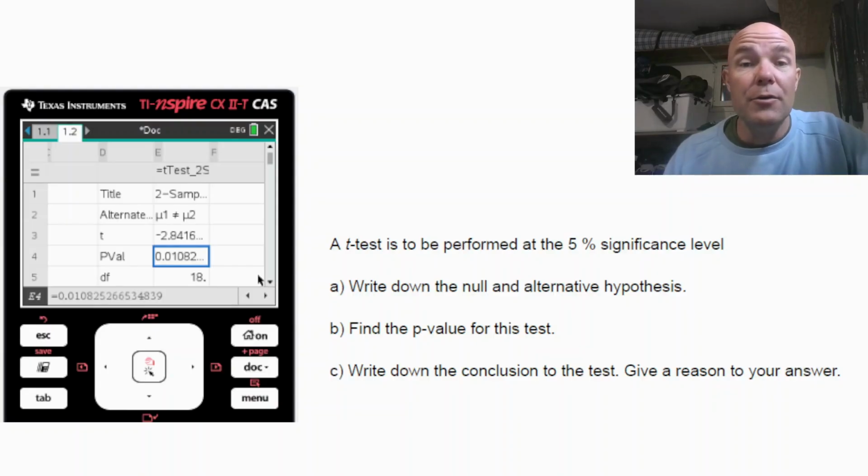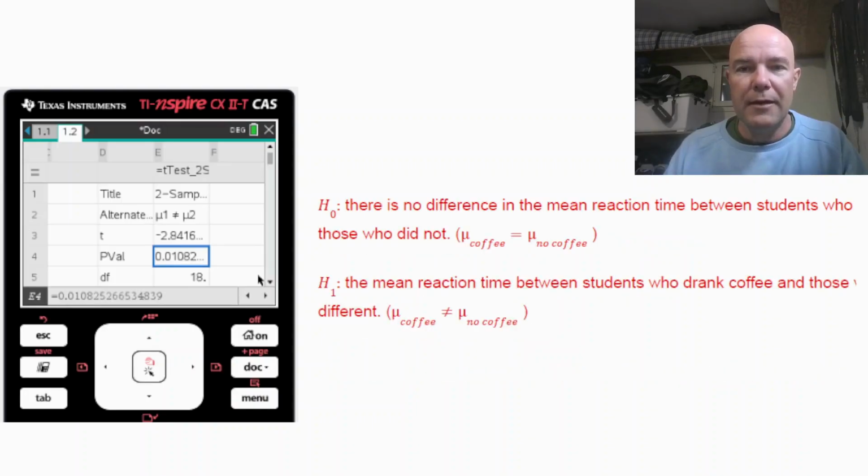So this is how you conclude the question when we have a p-value. The p-value we can see from our calculator is 0.01082 and so on. So we just give our p-value, rounded to 3 significant figures. So 0.0, those 2 zeros in front are not significant, but 108, there are 3 significant figures.